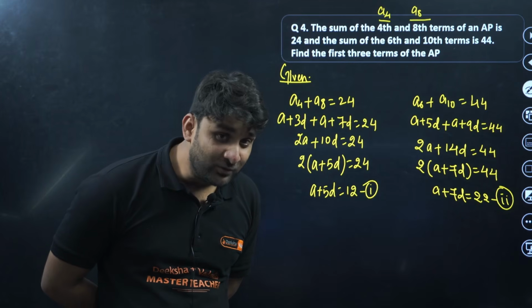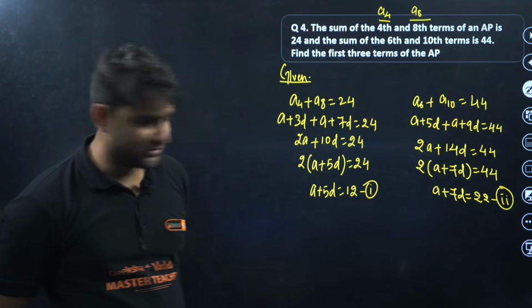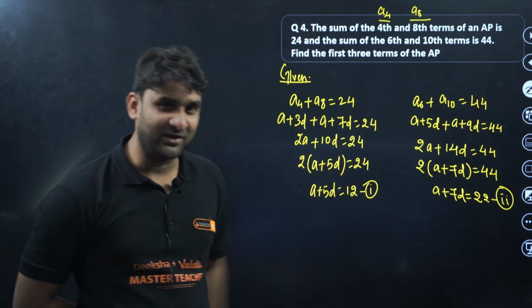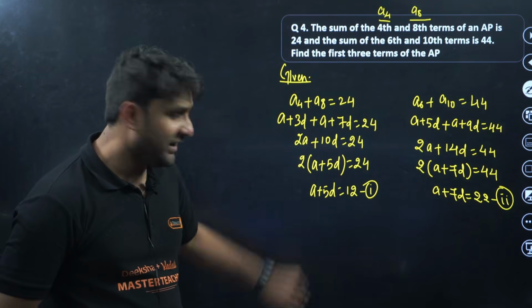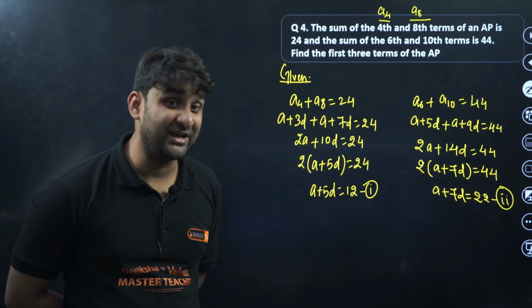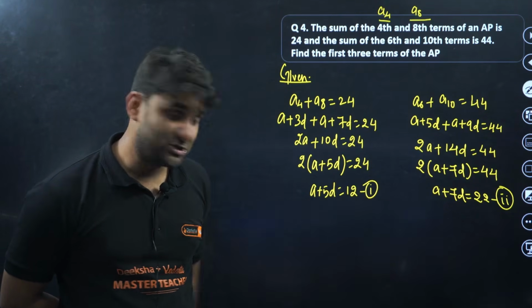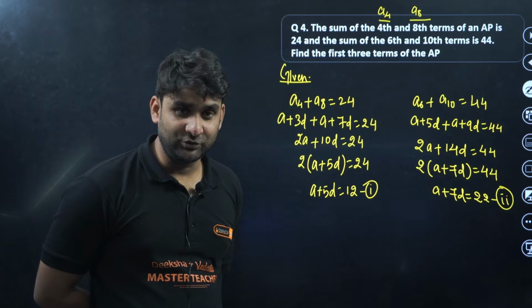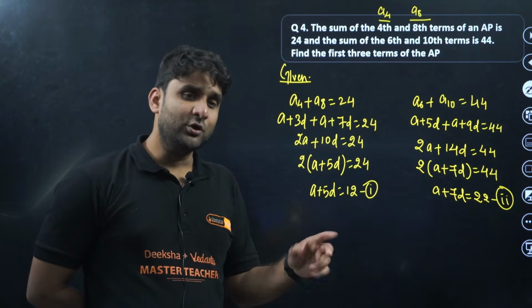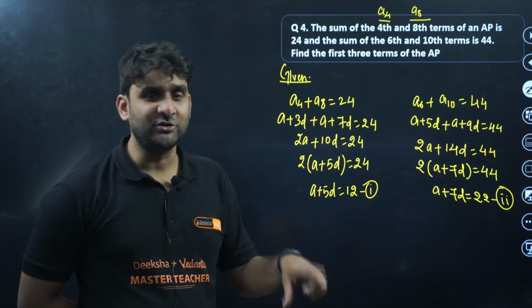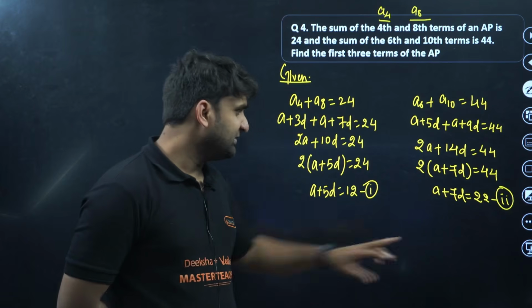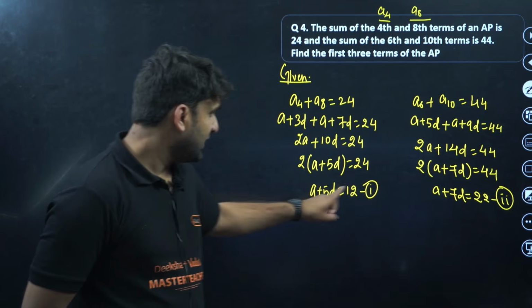What we can do? Let's subtract both the equations, because the coefficient of A in the second equation and the coefficient of A in the first equation is identical, same. So they will be cancelling each other if we subtract both the equations. But which equation should be subtracted from which, you have to decide. So I will decide. Here is 7D and here is 5D.